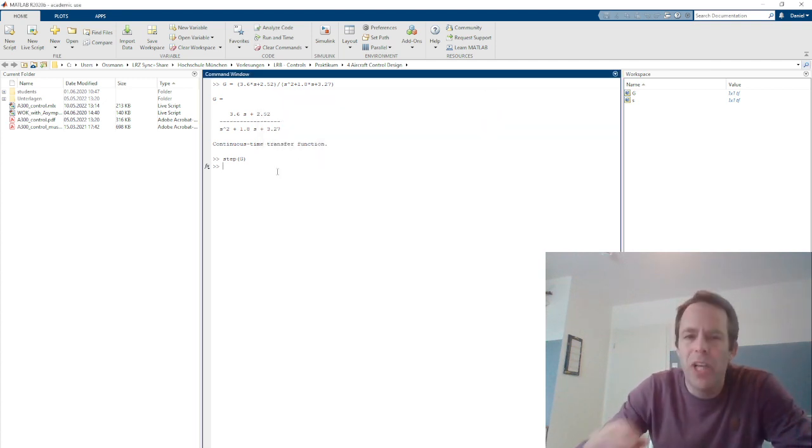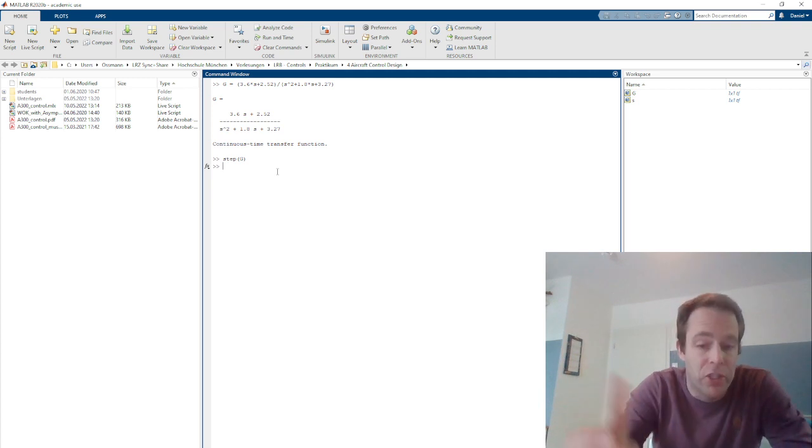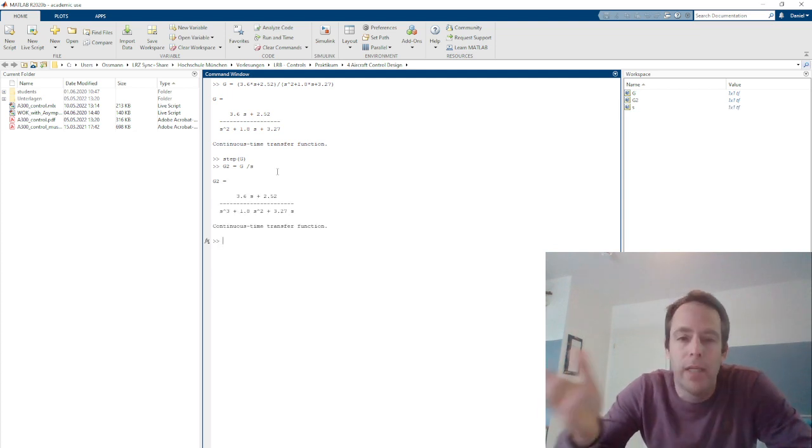And now we are interested not only in pitch rate, but also in the pitch angle. So we said, by just doing an integration, we could call that G2. We take our transfer function and do an integration, so we multiply it by 1 over s, which is the same as dividing it by s. Matlab immediately gives us our transfer function.